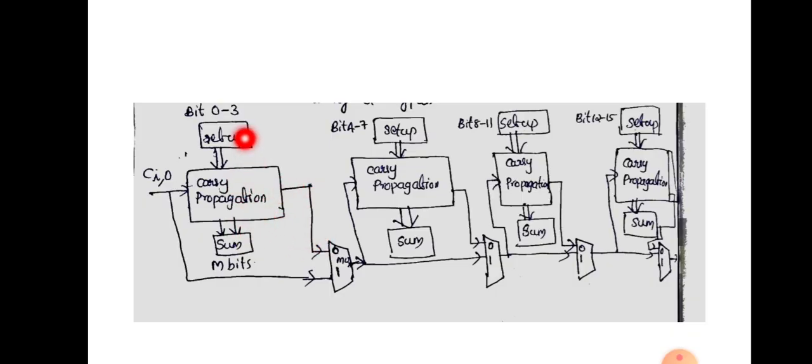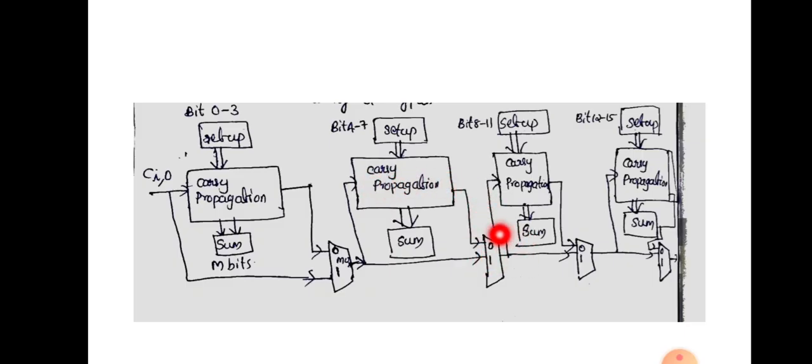But actually how many bits do we have? We have 16 bits. So here is the output carry, but we have to calculate the next 4 bits. Consider the next 4 bits. There is again the same block, that is setup, carry propagation, sum, and here the previous carry is obtained through this mux, and so the mux output is given here.